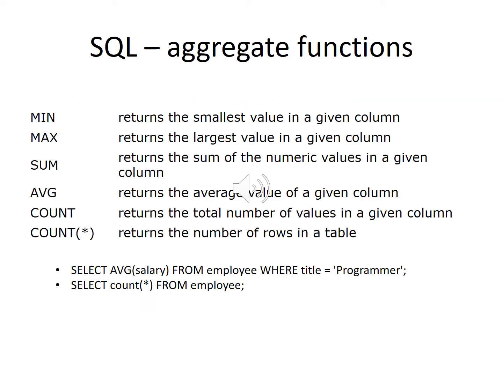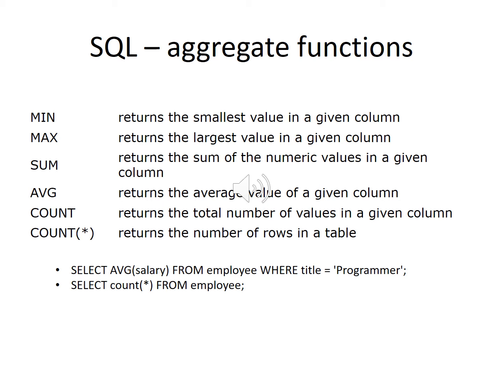So let's talk about the aggregate functions in SQL that actually are very helpful, especially when you're trying to work with data statistics. The functions are basically performing some descriptive calculations on the columns, and they are min, max, sum, average, count, and count star.